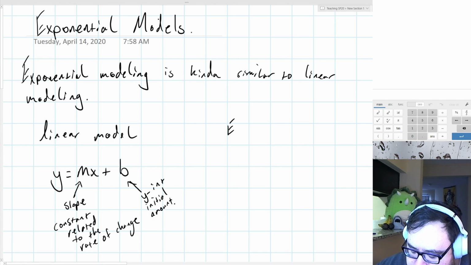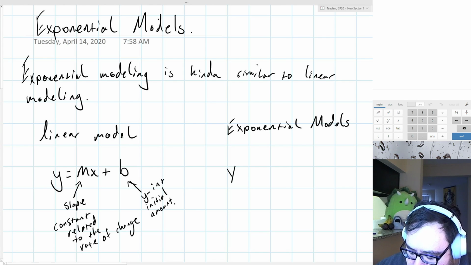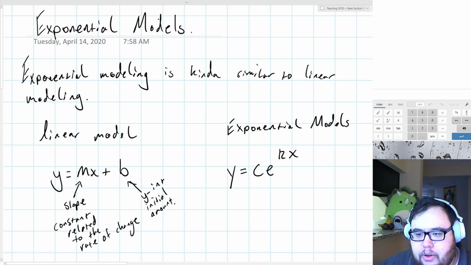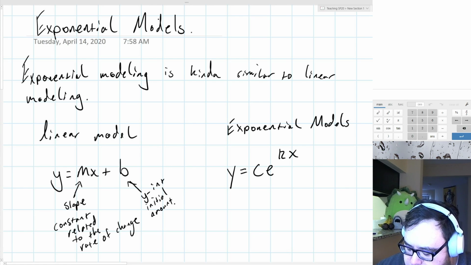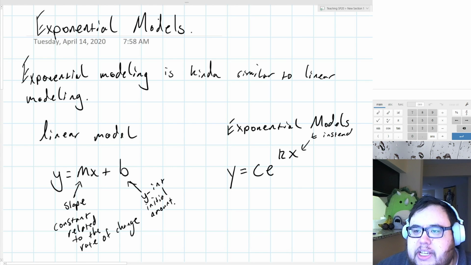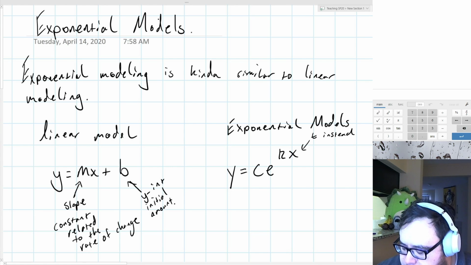Exponential models are similar. An exponential model is typically y is equal to c times e to the kt, or kx if you prefer. We sometimes use t instead because exponential models so often use time as the independent variable.